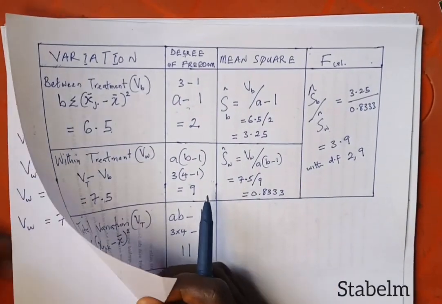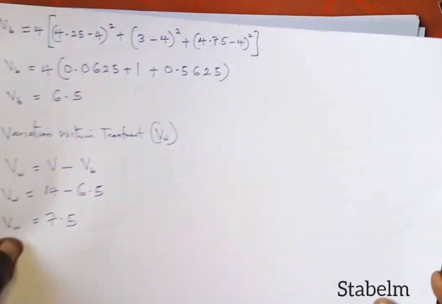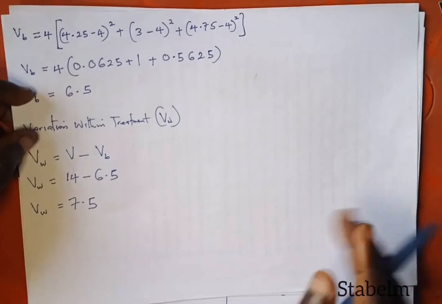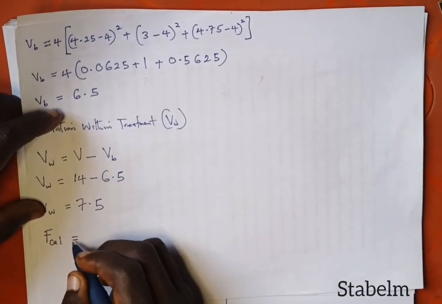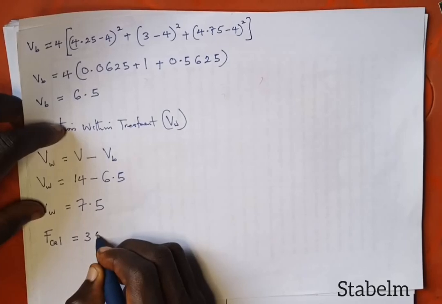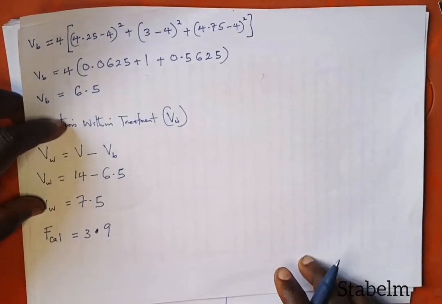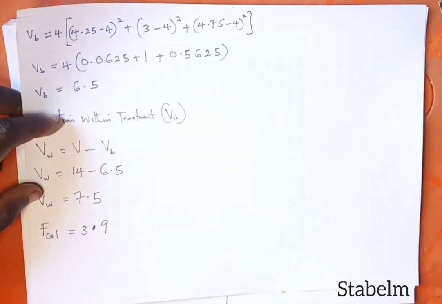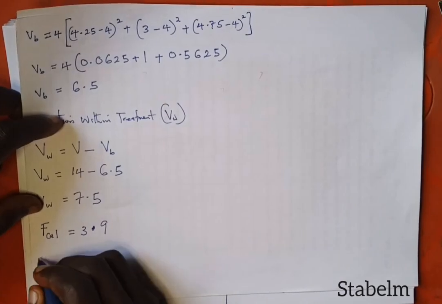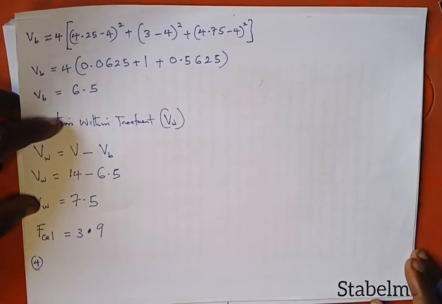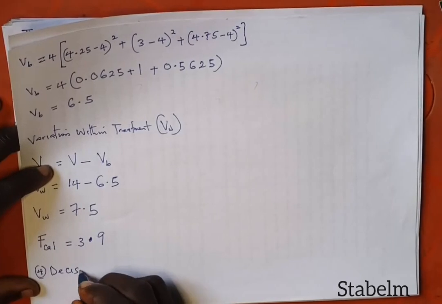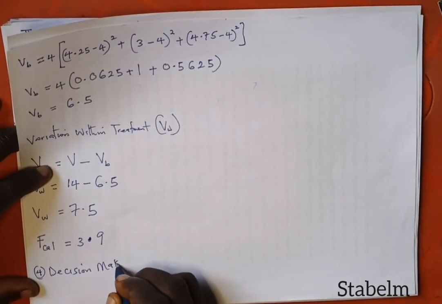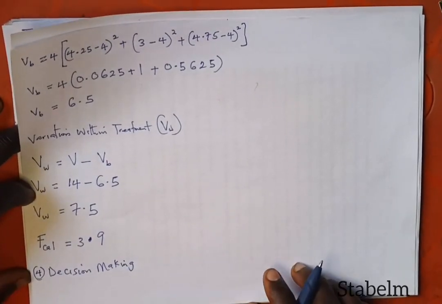So let's move on from where we stopped. Our F calculated equals 3.9. So right from here we're going to move to step 4, decision making. How do we make the decision here?